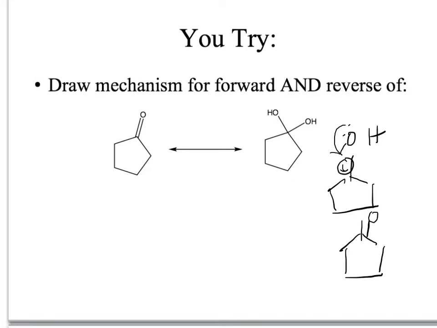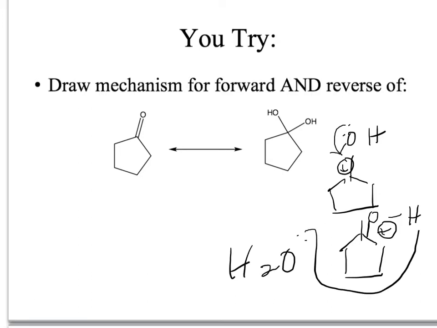Double bond O with the H still stuck on there. All right. So a water will come in and grab that H and release it back there, and we're back to our carbonyl. That's how you go backwards and forwards.